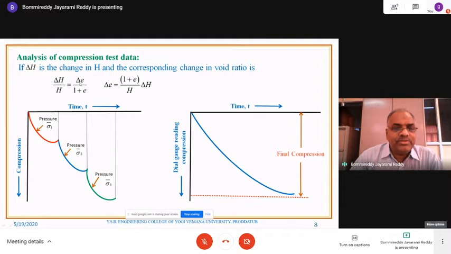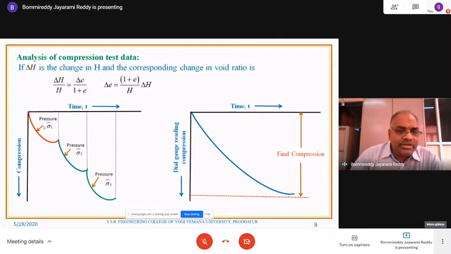You know delta e means e1 minus e2 or e0 minus e1. Out of all these four unknowns, you can find out any of them. So that means the height of the soil is reduced by delta H, and the total volume 1 plus e is reduced by delta e, and this can be related.